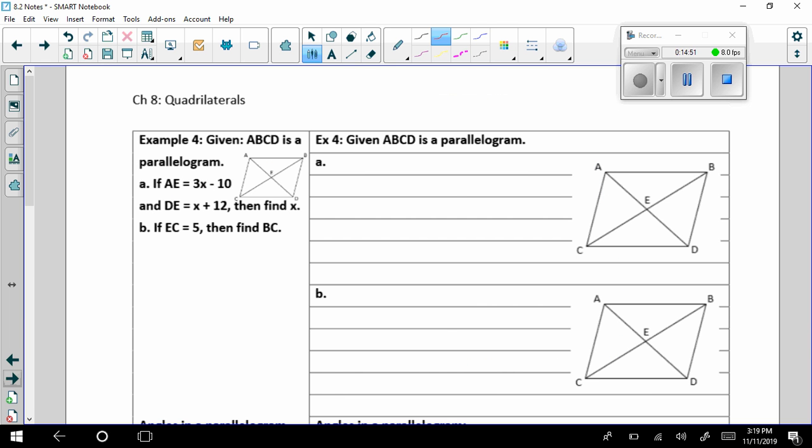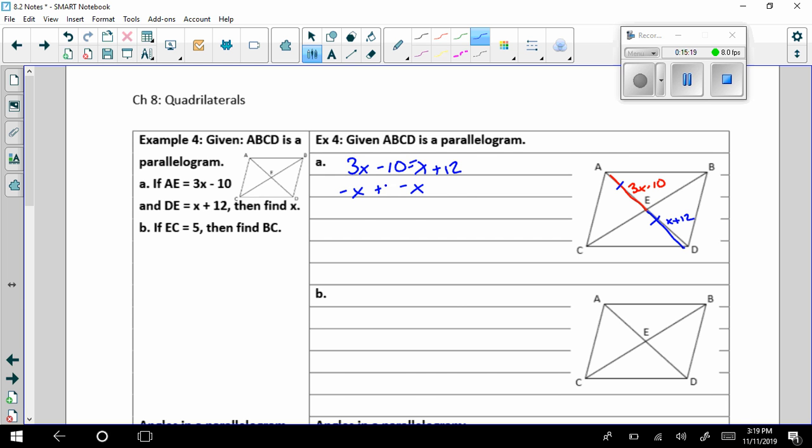All right, so again, given this is a parallelogram, if AE is 3x minus 10, so here to here, and DE is x plus 12, then we need to solve for x. Well, because it's a parallelogram, these are congruent. So 3x minus 10 is equal to x plus 12.